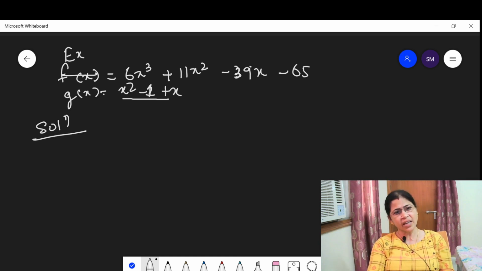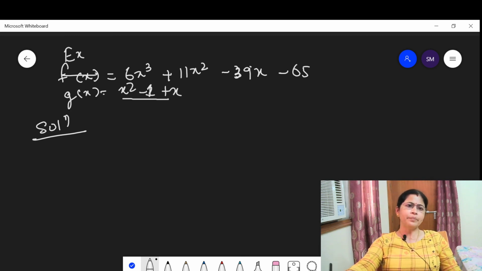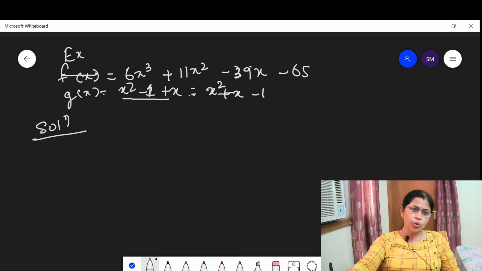But look at g(x), the divisor: x square minus 1 plus x. Here the exponents of the variable are not in descending order, so at first write it in descending order: x square, then plus x, then minus 1, then do the division.